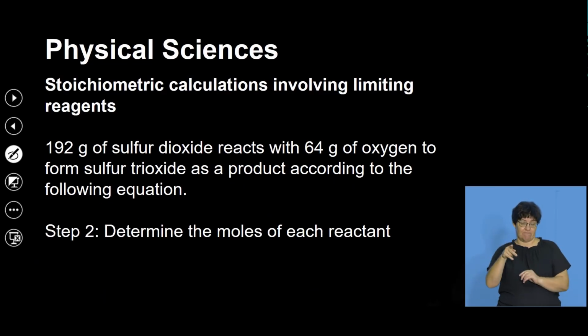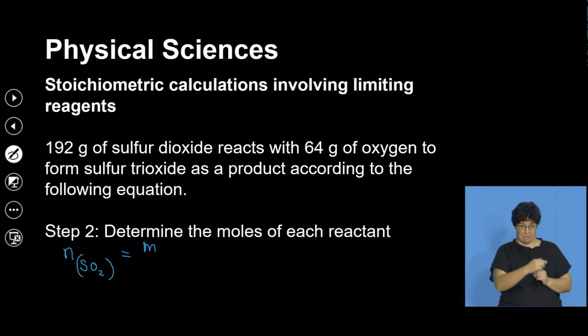Now, step number 2, we want to determine the moles of each substance. The number of moles of sulfur dioxide, for argument's sake, is equal to mass of sample over molar mass. The sample is 192 grams.